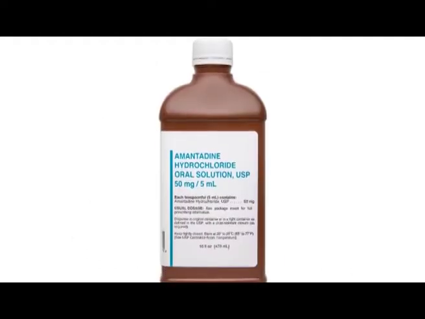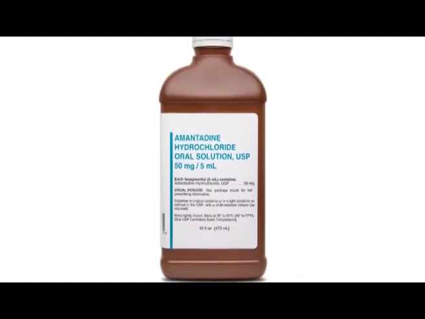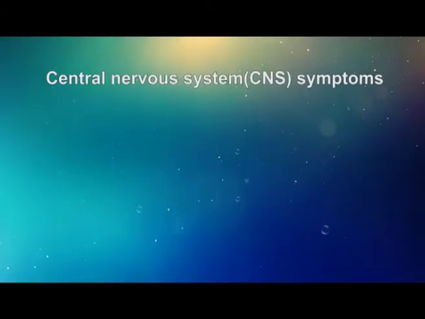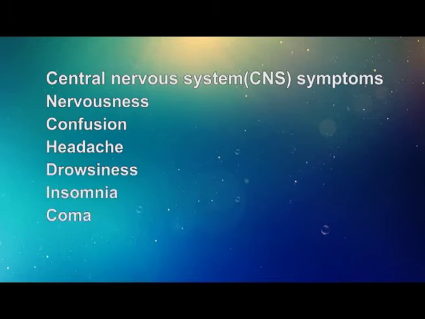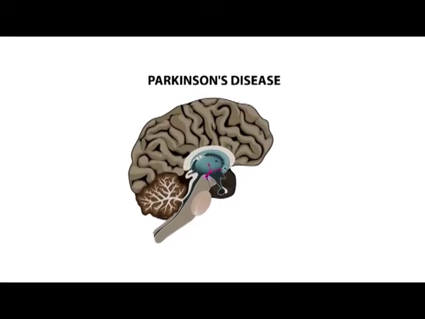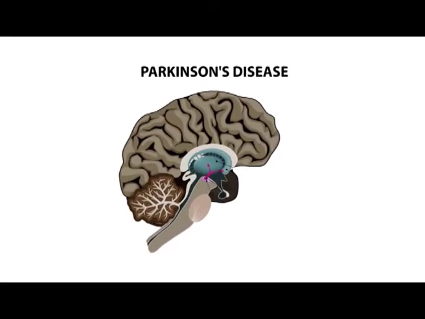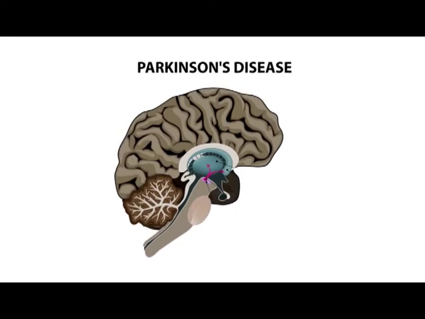Generally, the drug has low toxicity at therapeutic levels, but severe central nervous system symptoms such as nervousness, confusion, headache, drowsiness, insomnia and coma occur at high dose. Its therapeutic usefulness, however, appears to be limited. This drug has been used continuously for Parkinson's disease for many years.